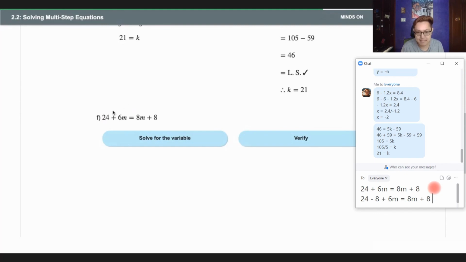Okay, so in this one you bring 24 to the... You can move 24 to the right, or I can move 8 to the left. It's up to you.